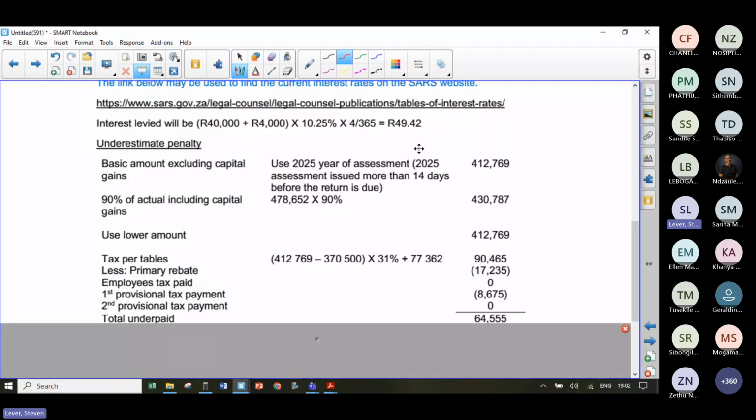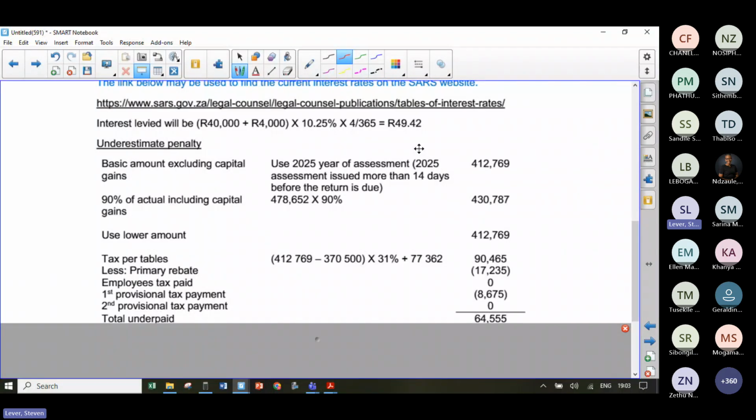Now, for the 4862 guys, in your additional questions, you will see that one of the questions is a penalty calc like this. But they say you submitted your return on the 25th of Feb, but you only paid it on the 10th of March. For that question, because you'd submitted your return on time, you can put something into the second provisional tax payment.